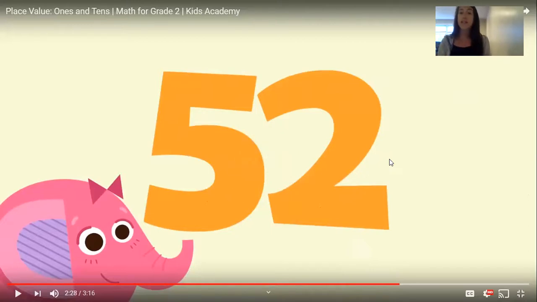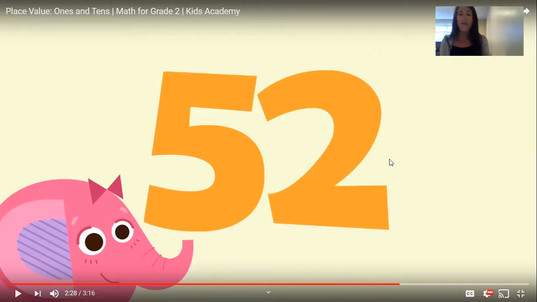Let's pause the video and think about the number 52. The value really depends on where the digit is placed. The 2 is in the ones column, so its value is just 2. The 5 is in the tens column, so it has a value that is worth 5 groups of 10, which means in order for us to figure out the value of 5, we have to count by tens 5 times, like this. 10, 20, 30, 40, 50.